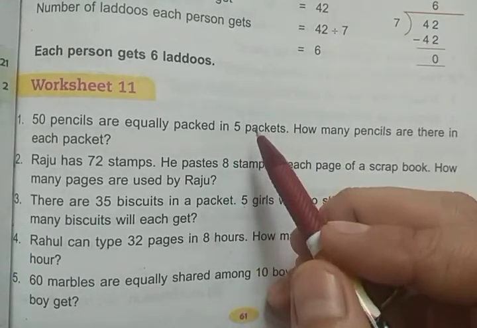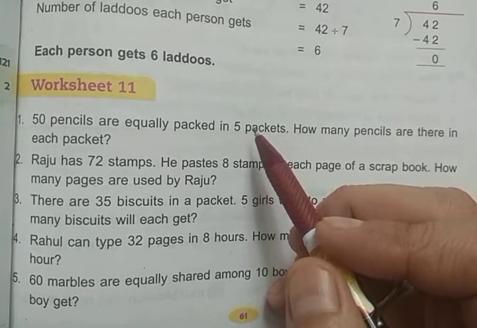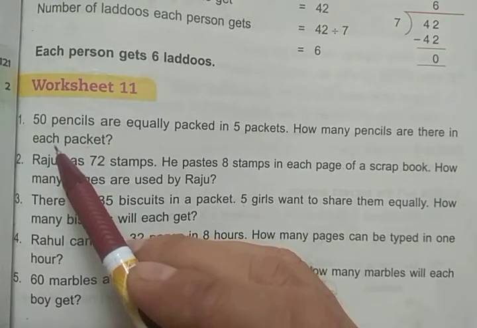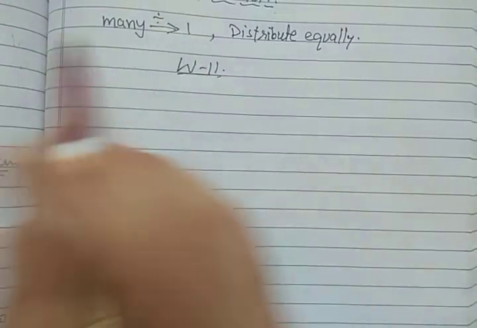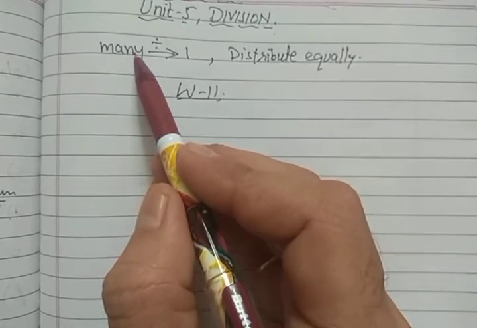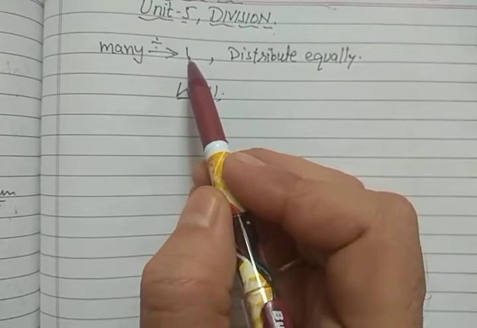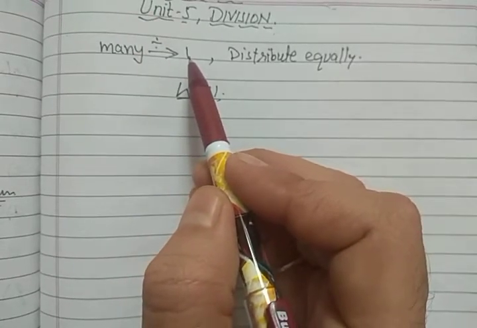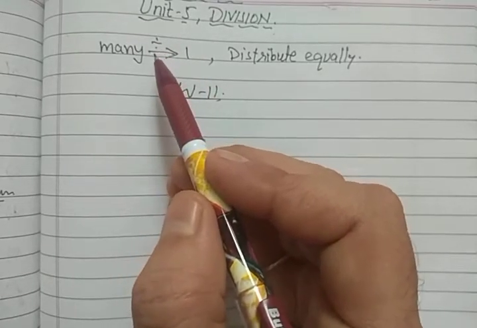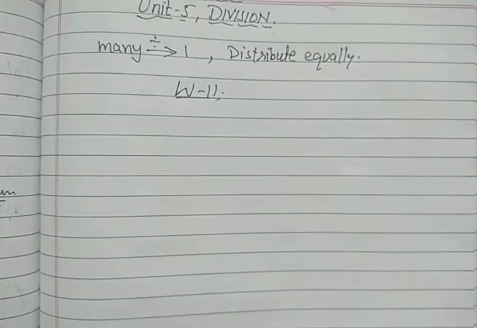Many packets are given with pencils, and you have to find out the pencils in one packet. So you can see here the situation is many to one. So what do we have to do? We have to divide.